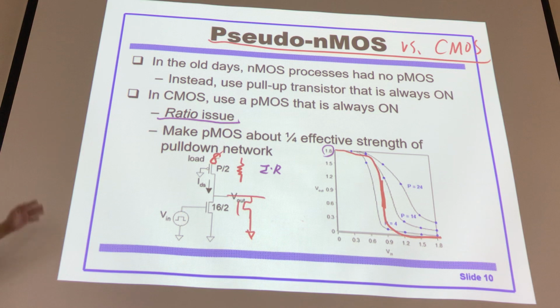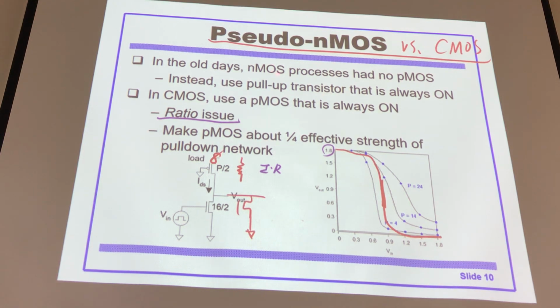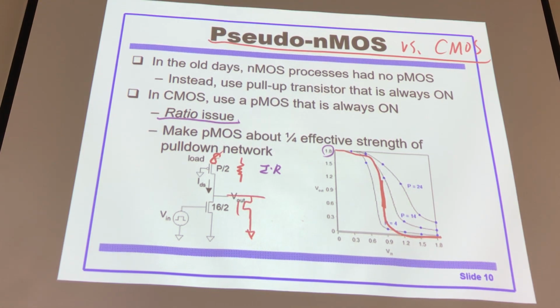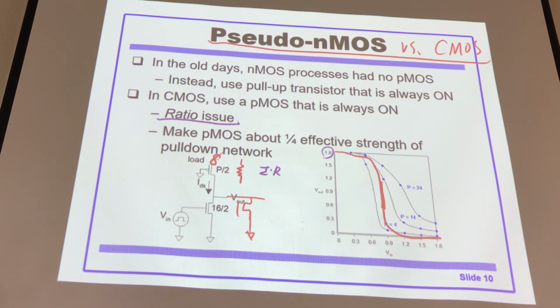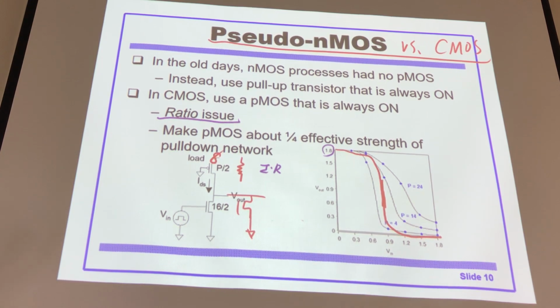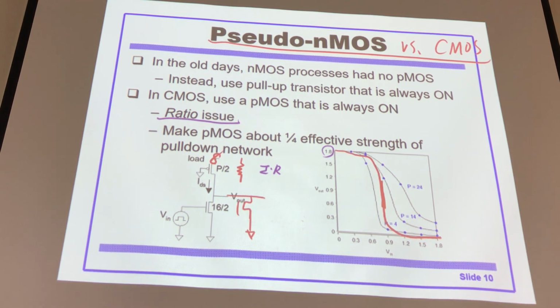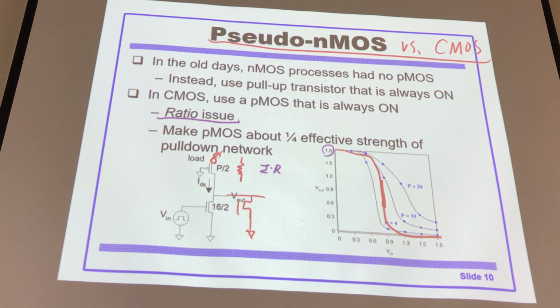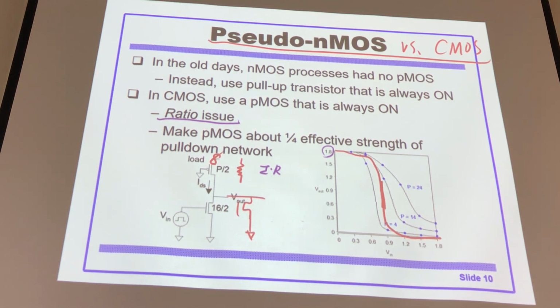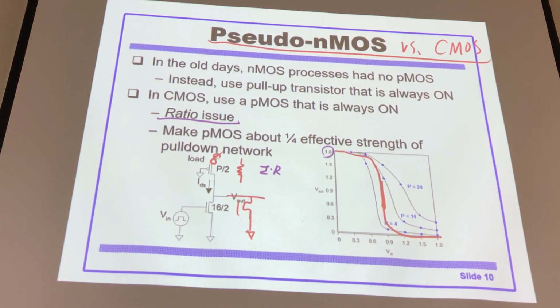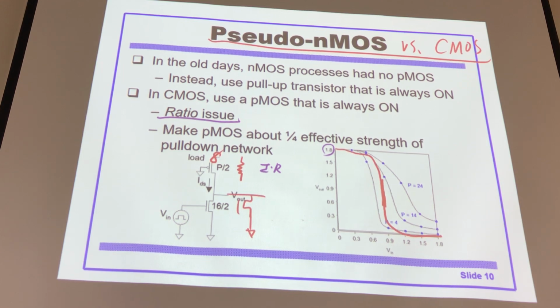So from the chip area point of view, pseudo NMOS could be better. It could be smaller. Okay, that's the only advantage compared with steady state mode. But nowadays, power consumption is the most important issue actually. So that's why CMOS become much more popular nowadays. Any question?